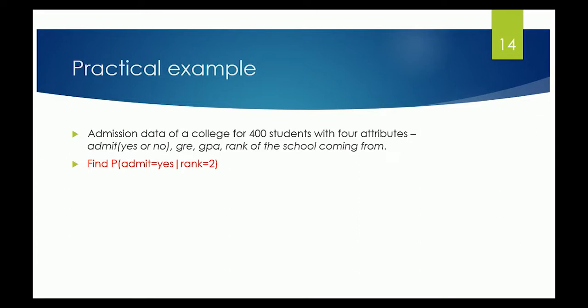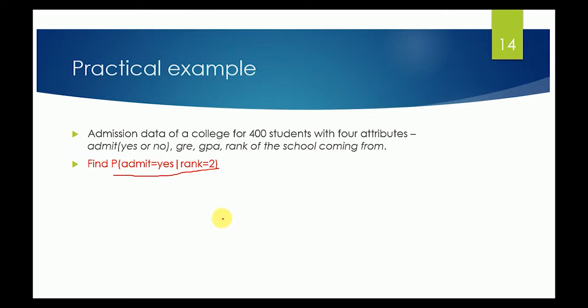The question can be something like this: find the probability that admit equals yes given that the rank of the school is 2. How do we answer this kind of question?